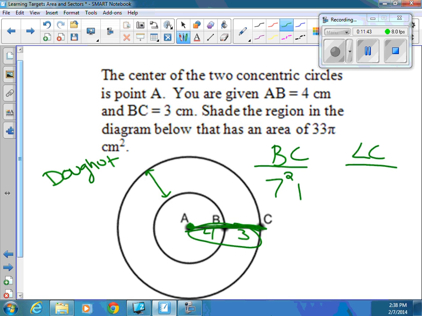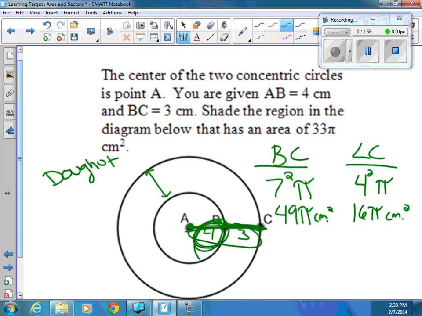So the big circle will be 7 squared pi, which is 49 pi centimeters squared. The little guy is right here is 4 squared pi, which is 16 pi centimeters squared. Okay, well, neither of those are 33, so don't automatically assume it's the donut.